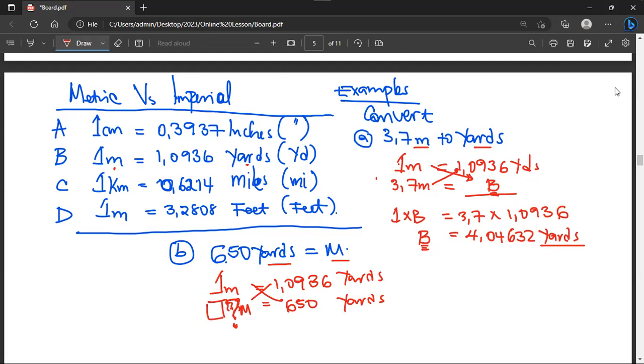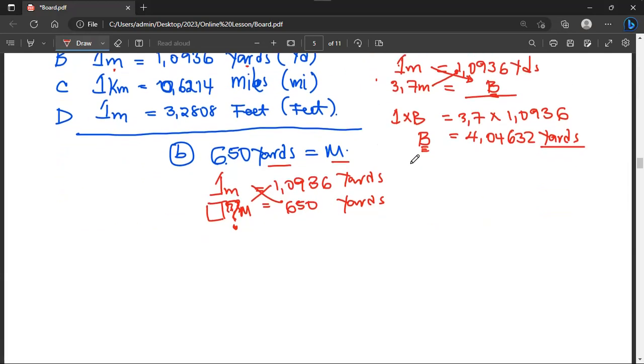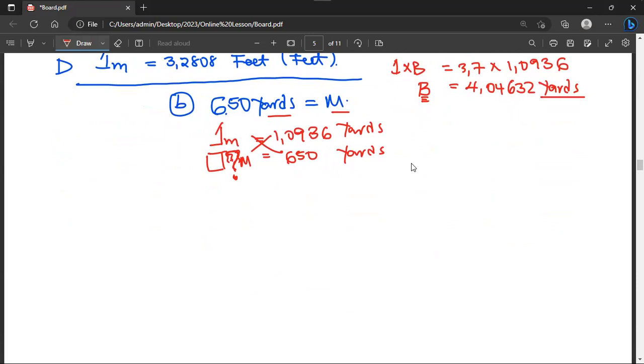When it multiplies, we get 1 times 650, which remains 650. Because you're looking for this box, we shall divide through by 1,0936.